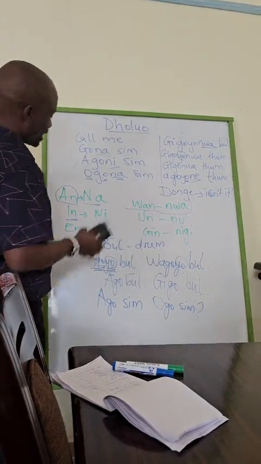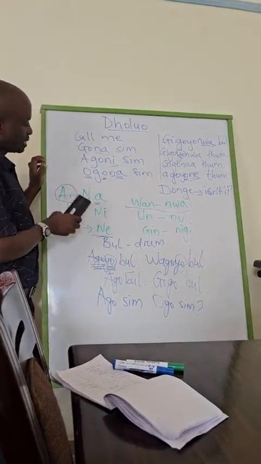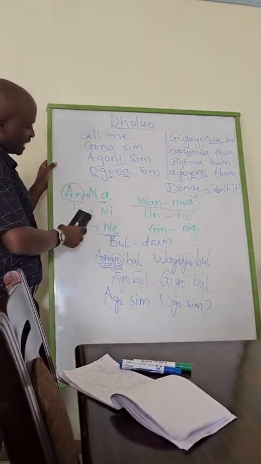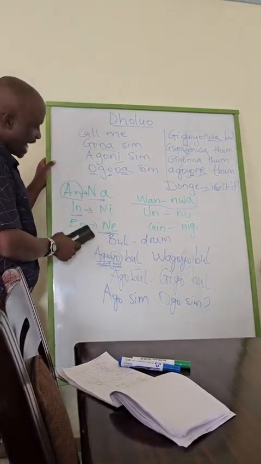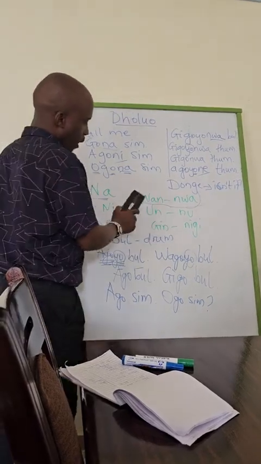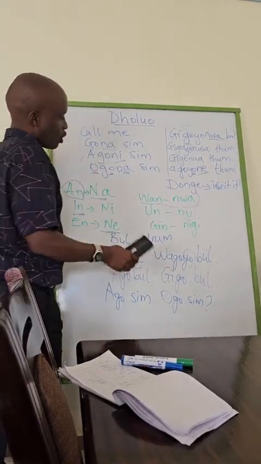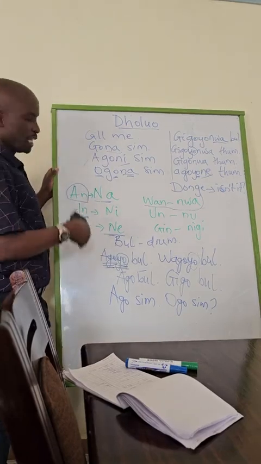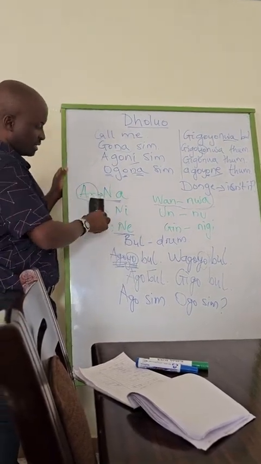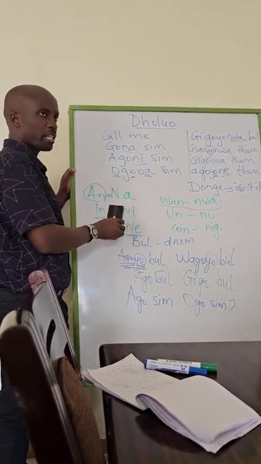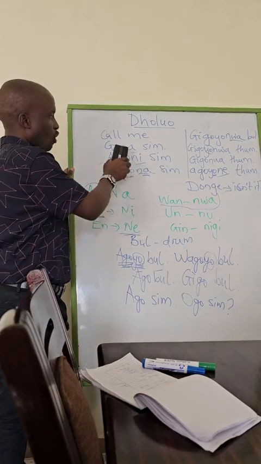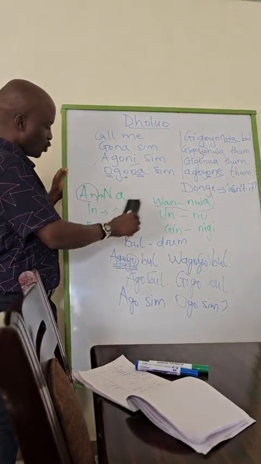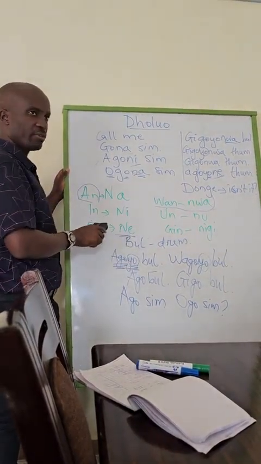So just remember, as we said, we have always conjugated these verbs using the pronouns: an, which means I; in, which means you, one person; en, which means he or she; one, which means we; un, which means you, plural; gin, which means they. If the action is to me, you add na after the verb, like "ago na sim", call me. If it is to you, we add ni at the end of the verb.